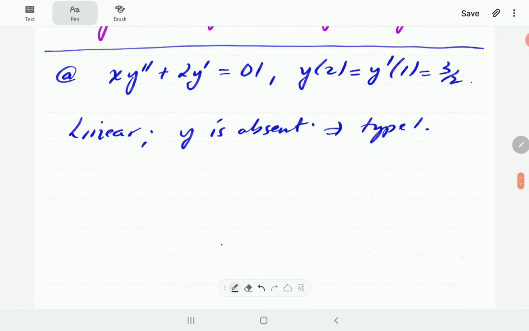So what we're going to do is we are going to let v be y prime, and v prime is going to be y double prime.